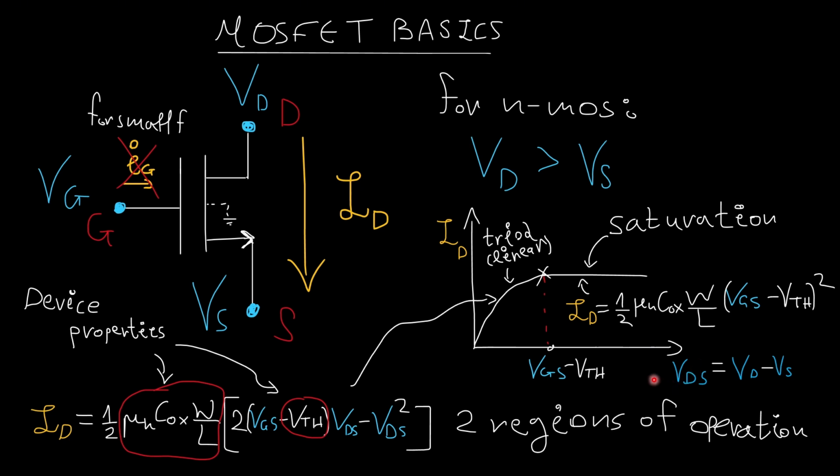This is important. This tells me that this region is much more useful than this region. And from now on, we will assume that for a healthy nMOS device, we are working in the saturation region, only because there is only a dependence on the VGS.